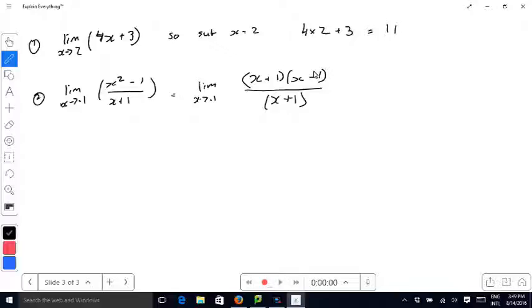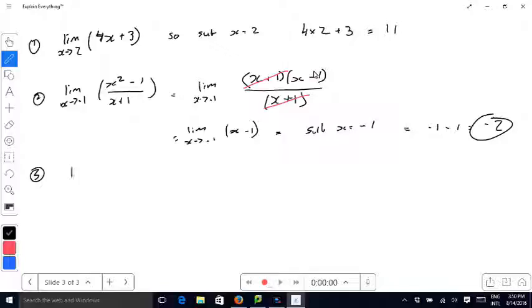If you're unsure, please ask. Top and bottom can cancel, so we get the limit as x approaches minus 1 of x take 1. Now we can sub x equals minus 1 into it, and minus 1 take 1 equals minus 2.